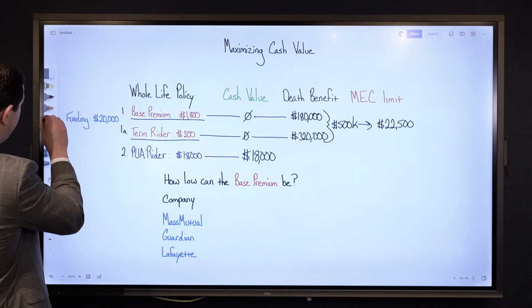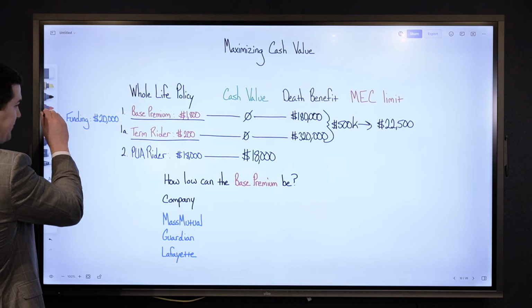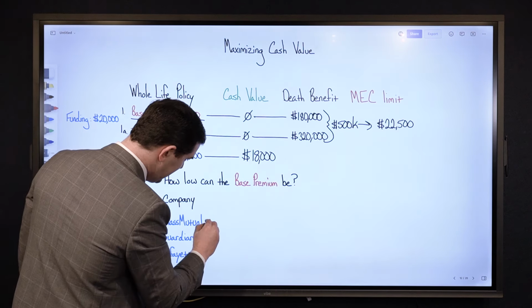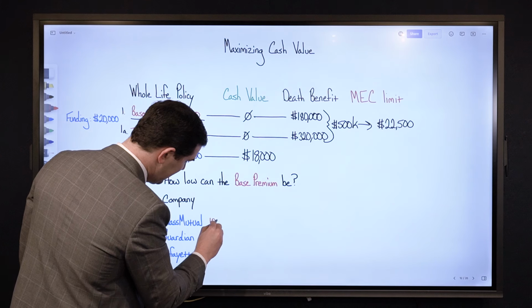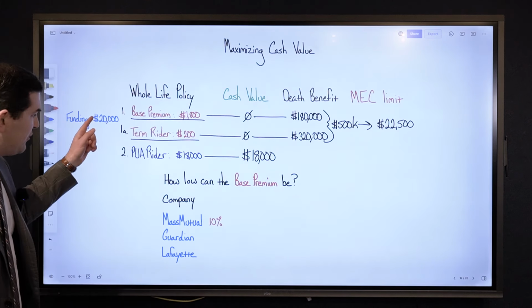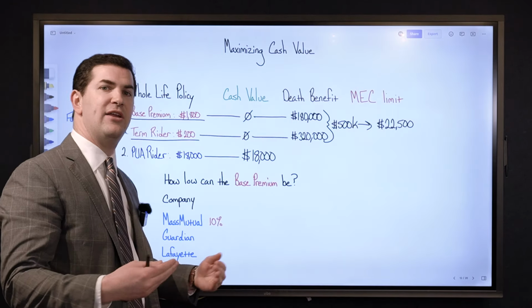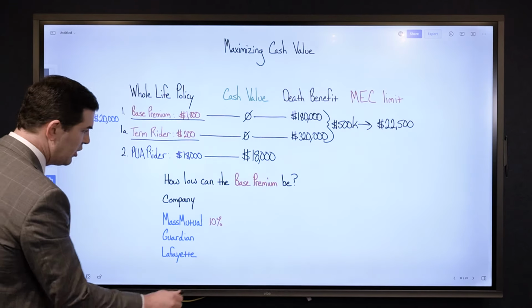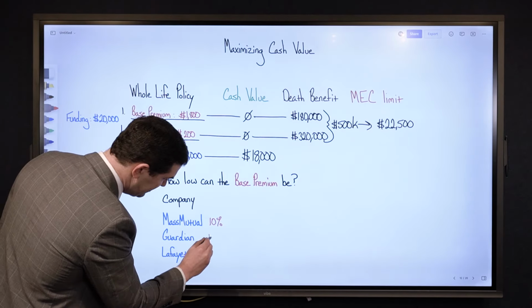I'll give you a couple examples. MassMutual, the base premium, we can typically set it as low as 10%. Meaning if I had a $2,000 base premium, I can fund a total of $20,000. Guardian is about 10%.